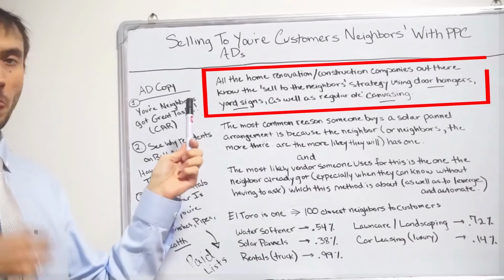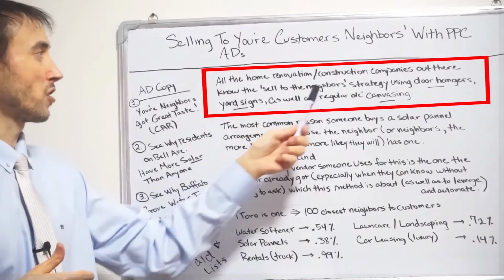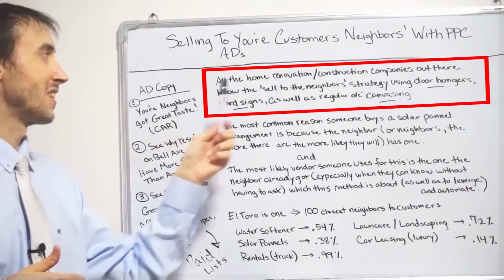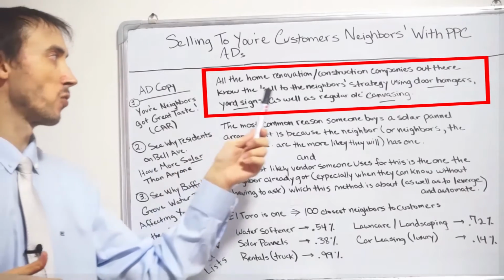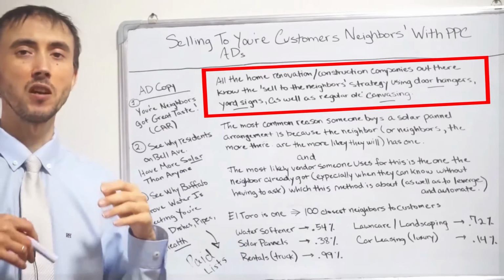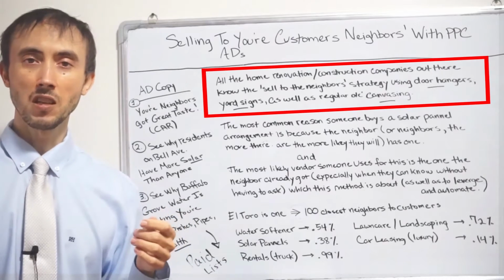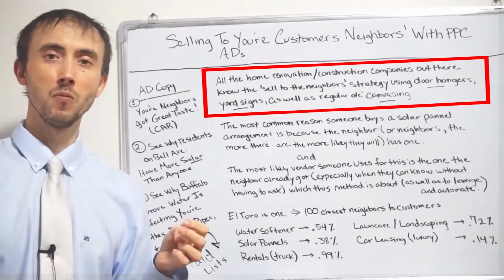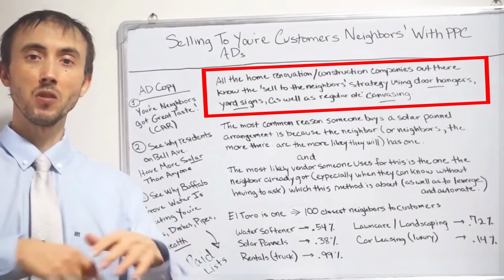So first of all, I just want to give you a quick background. All the home renovation construction companies out there know the sell to your neighbor strategy using door hangers, yard signs, as well as regular old canvassing. So in other words, if you have a roofing company, these companies that do home renovation in some way, like a roofing company, know what I know.